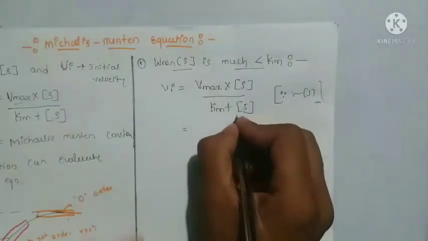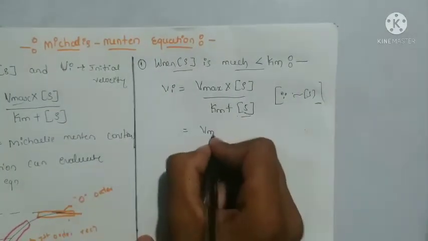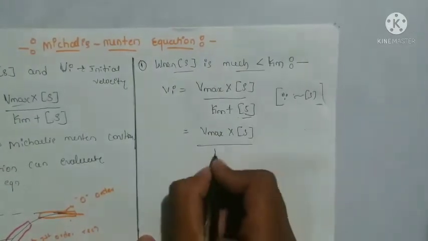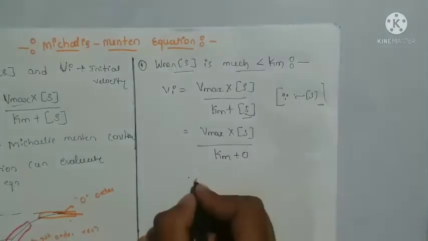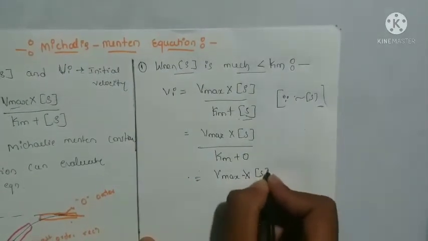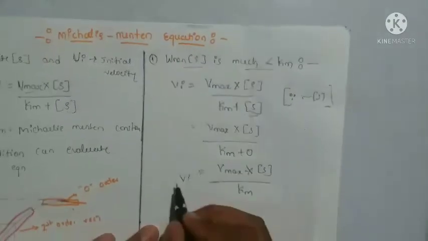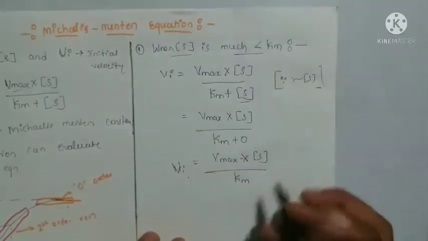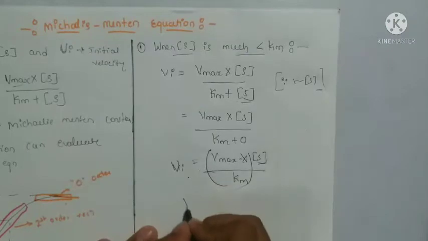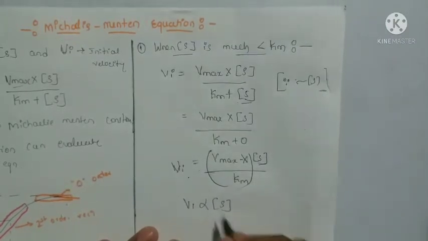Then the equation becomes V maximum times substrate divided by Km plus 0, which gives V maximum times S over Km. Here V, the initial velocity, is directly proportional to the concentration of substrate.